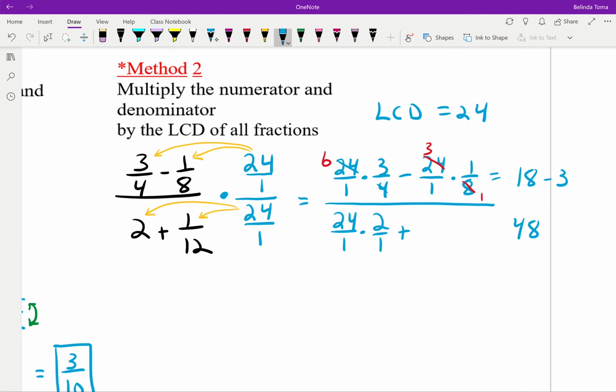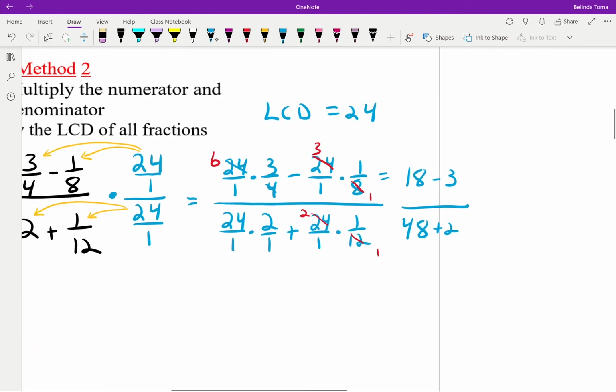And then I'm distributing the 24 over 1 to the 1/12. And of course, that's going to reduce to just 2. So now what I have is 18 minus 3 over 48 plus 2.